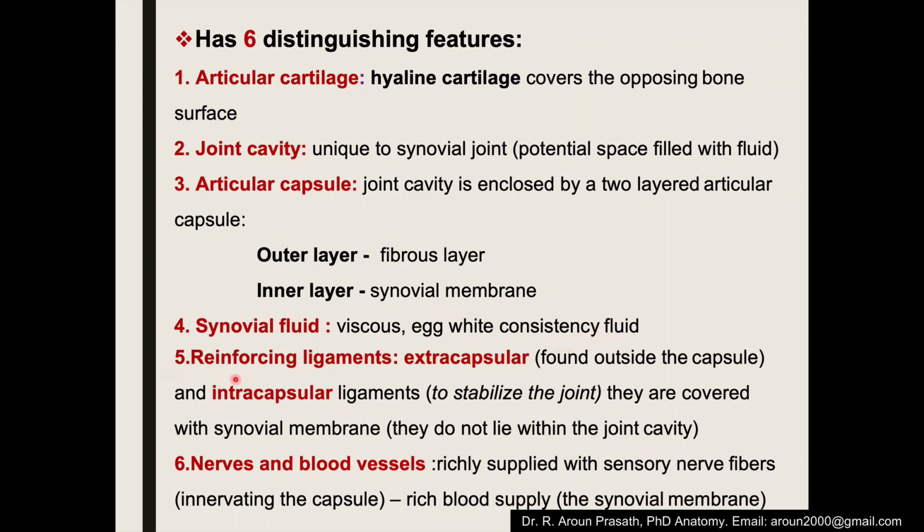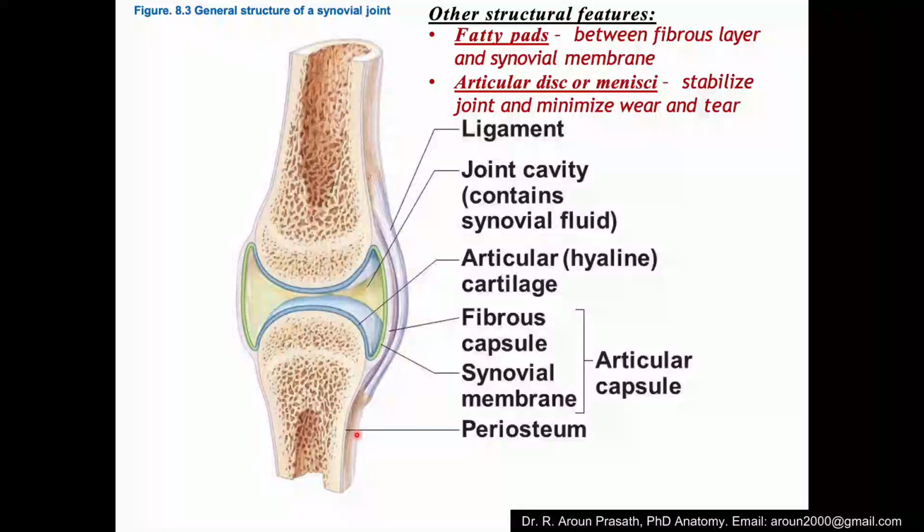Okay, then apart from this, the extracapsular structures, that is the structures outside the joint, which are the ligaments, give stability. And also all the synovial joints will have nerve and blood supply. Here, as I told you, there are two bones. These bones, this blue line is the articulating surface, which is covered by hyaline articular cartilage.